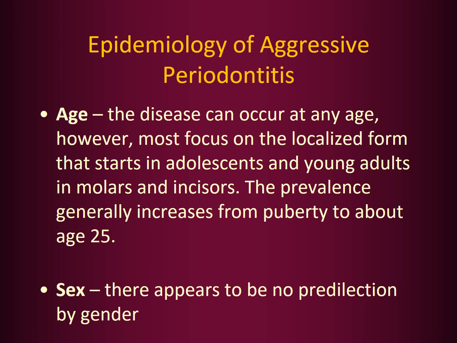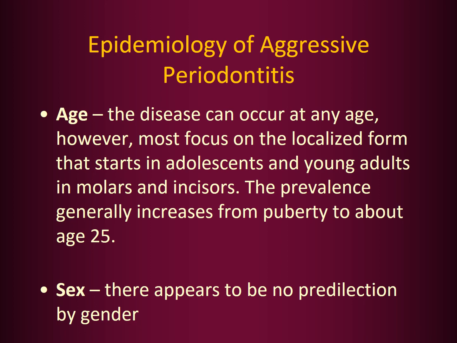Now, we know that the disease can occur at any age, but for the most part, the localized form of the condition usually starts in adolescence or around the puberty years, and is usually isolated to molars and incisors, and that's where we typically start to see it.